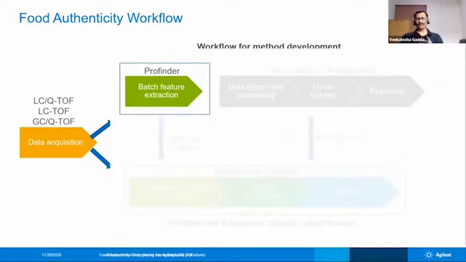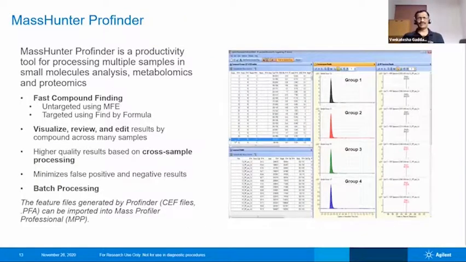Let's go one by one, how exactly it works. Let's say Profinder. What is this? When you inject multiple samples, when you are building good versus bad, or control versus disease, or Manuka honey versus normal honey, you don't inject one sample, you inject multiple samples in replicates, and you have to extract those ions in a very fast manner.